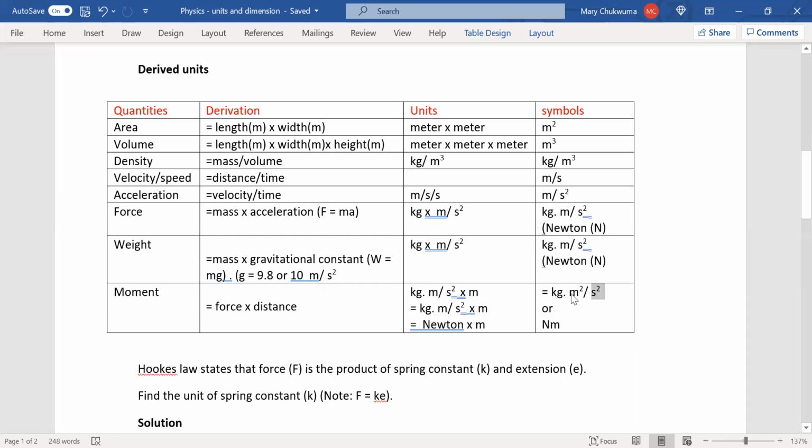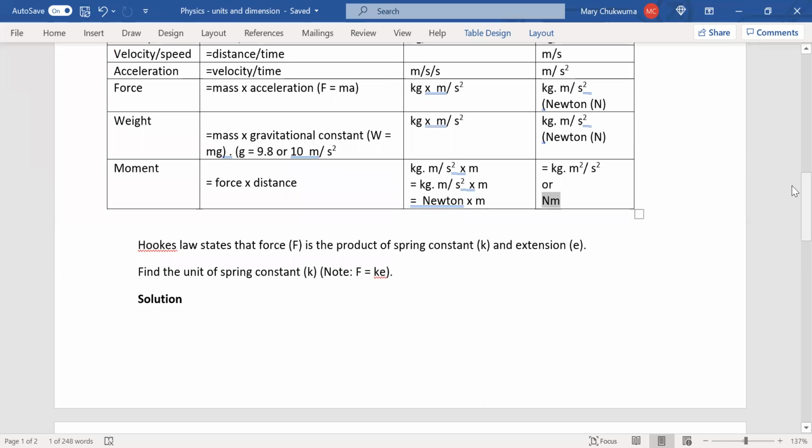So up here, you can express the unit this way. You can also take note that this is Newton, so that you can express the unit of moment as Newton meter.